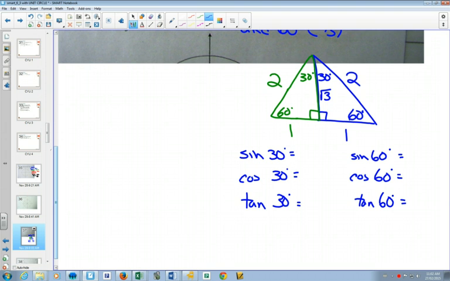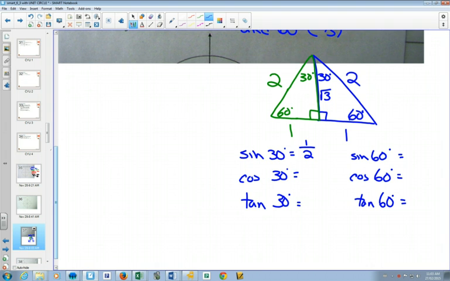So looking at the triangle, we see 30 degrees, sine is opposite over hypotenuse, 1 over 2. And if you went to your calculator and typed sine of 30 degrees in, it would tell you 0.5. If you had your calculator in radians and you did sine of pi over 6, it would tell you 0.5.